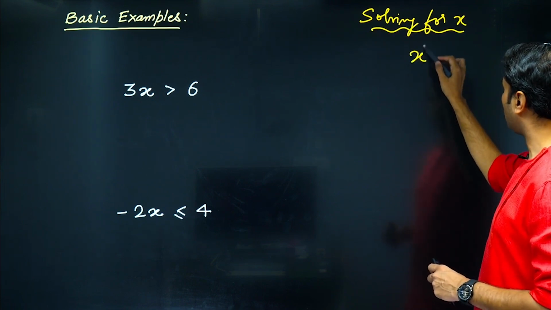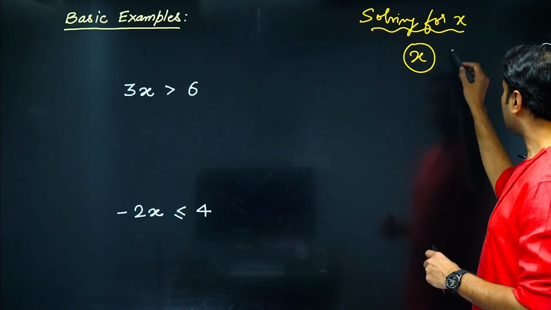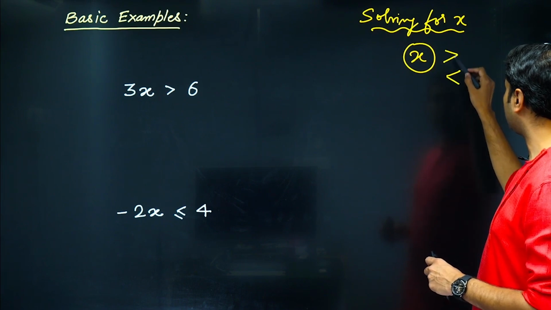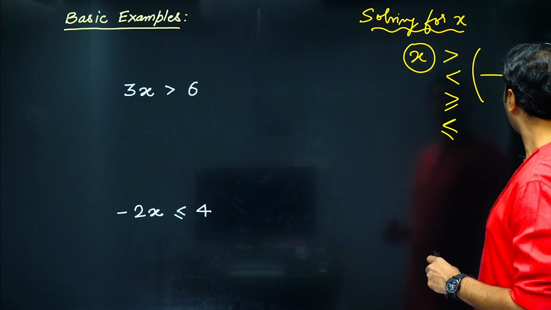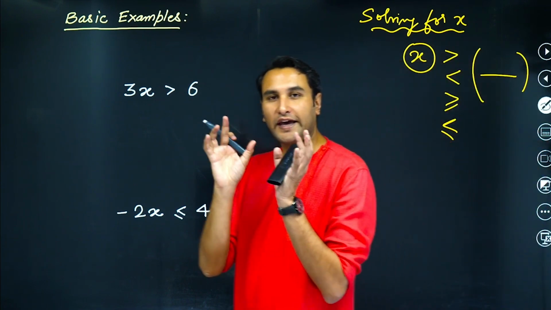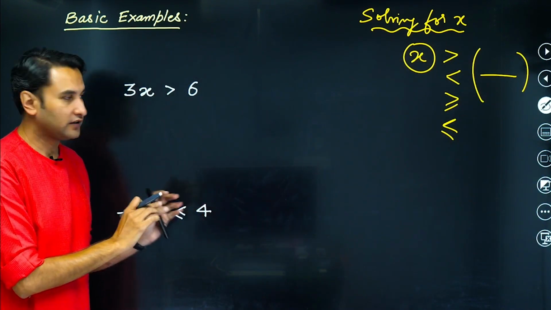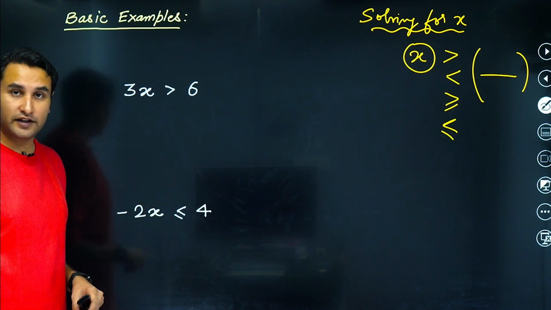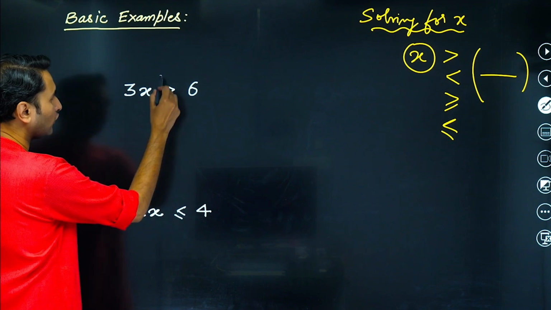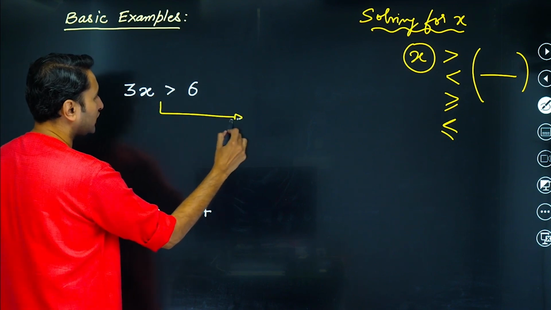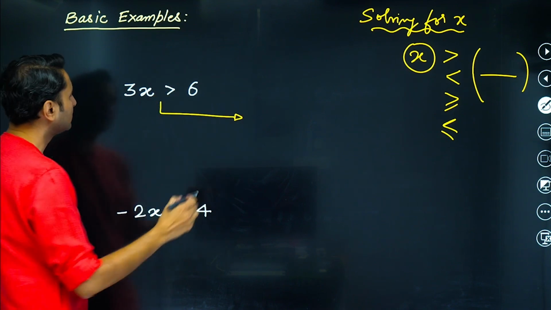You want x on one side, either greater than, less than, greater than or equal to, or less than or equal to something on the other side. So I want x kept on one side. Here there is 3x. What do I want? I want x on one side. So what should I do? I should divide both sides by 3.